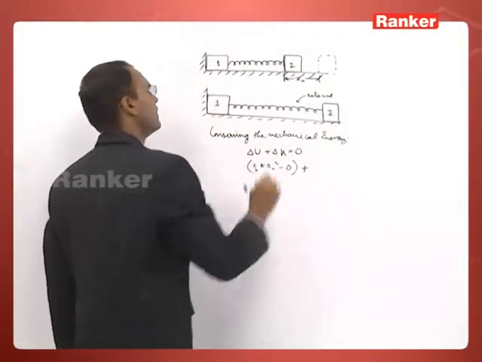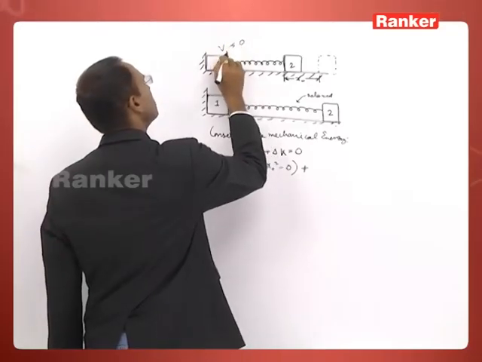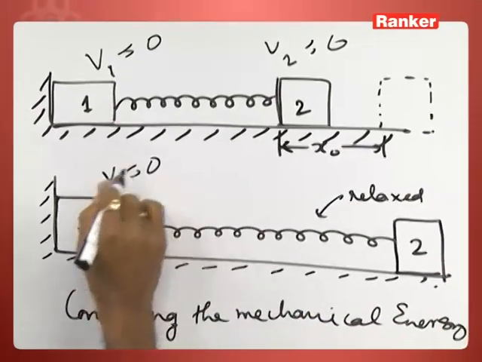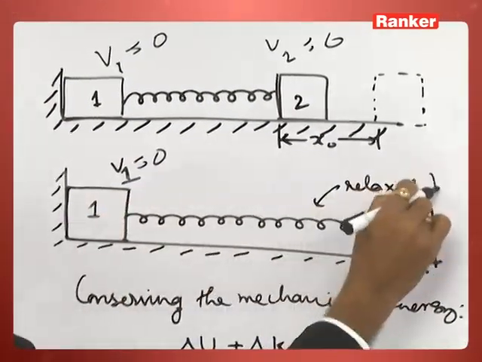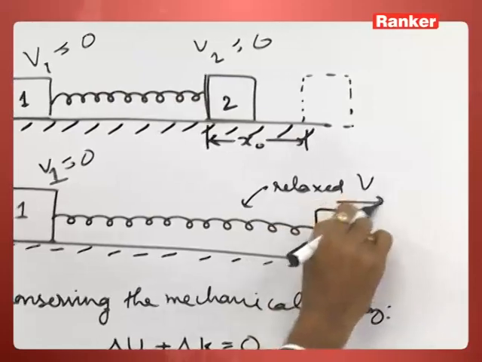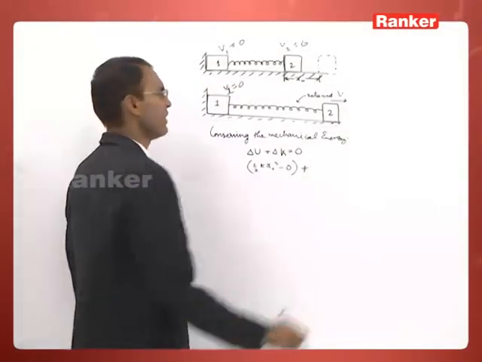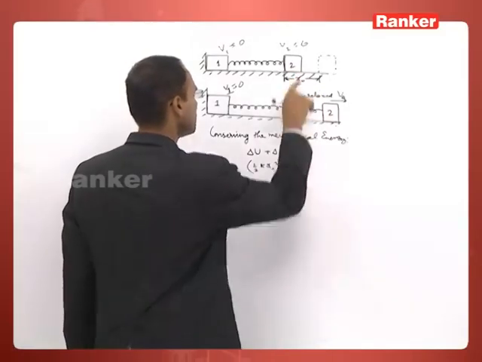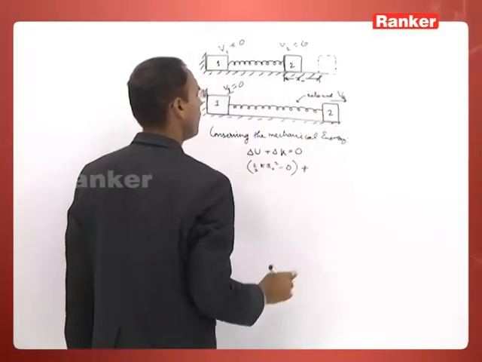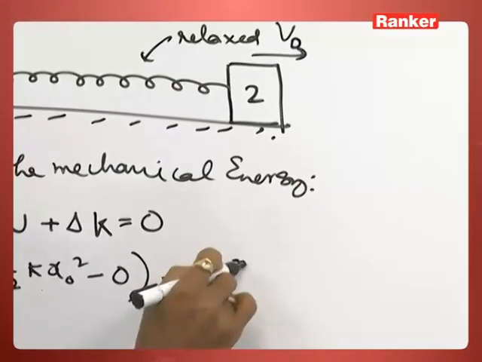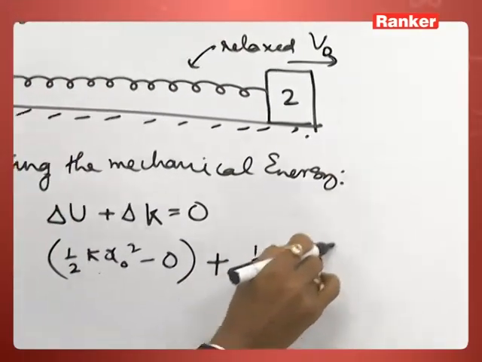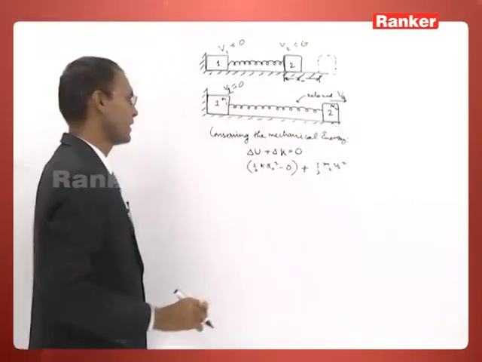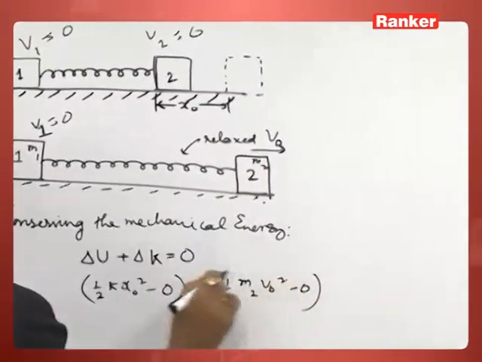Plus, here the velocity is 0 because it does not lose contact. Here the velocity, let it be v, or you can call it v naught. The kinetic energy changes from 0 to half m2 v naught square. Its mass is m2. Initial kinetic energy is 0.